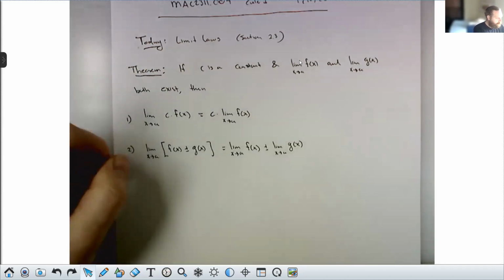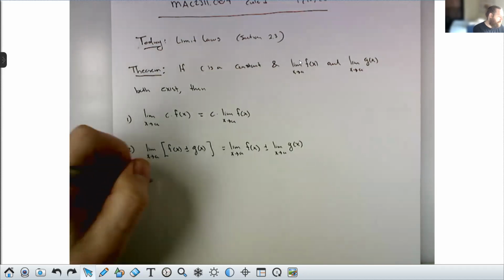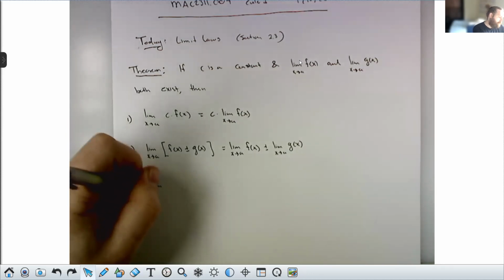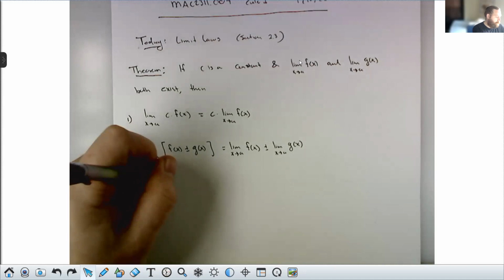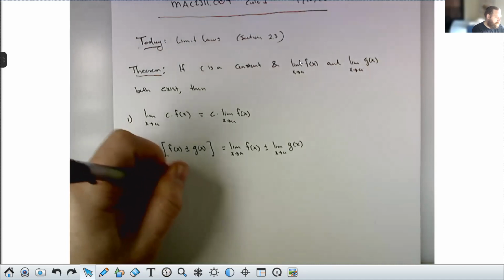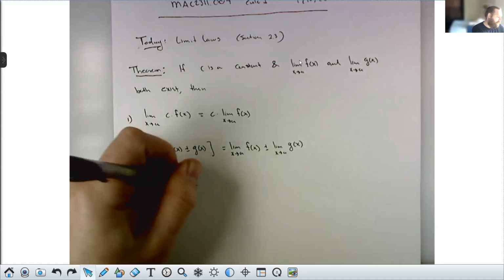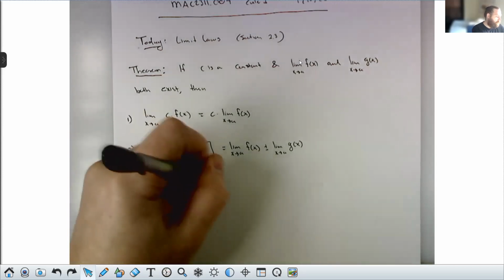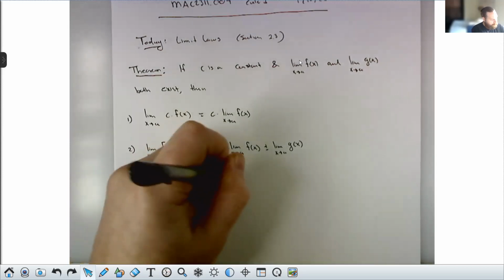And the same thing is true of products and quotients. So the limit as x goes to a of the product, f of x times g of x, is the same as the product of the limits.